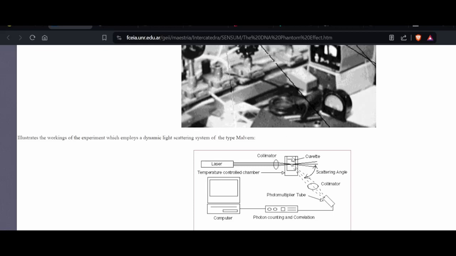Then you've got your test tube, your cuvette with your sample. It scatters the light into your detector, your multiplier. Then you come out to your computer screen, and you can read how many photons you're detecting and what pattern. So on the screen here is the diagram of their setup.